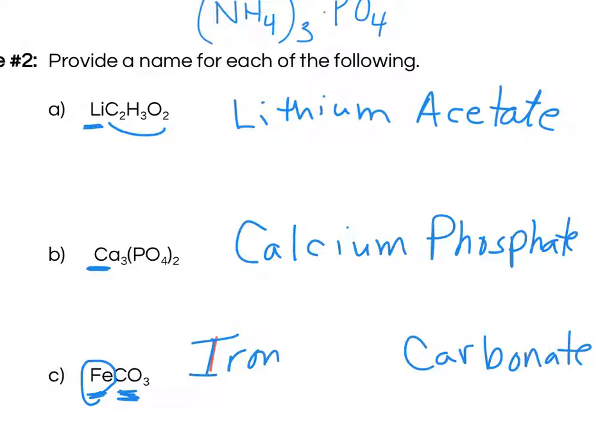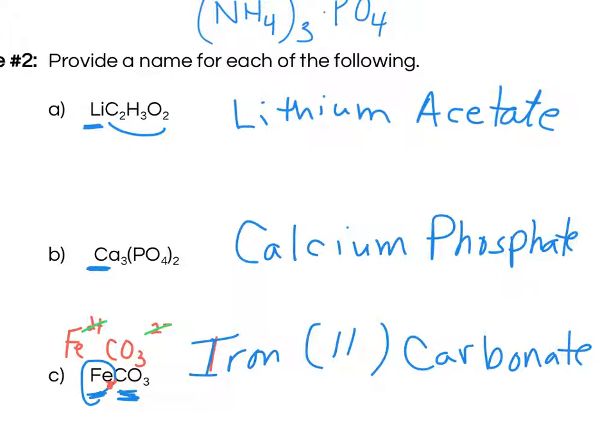I need to remember that it's multivalent, so its charge needs to be included in Roman numerals. And so I need to examine carbonate a little further. So carbonate, as it turns out, has a 2 negative charge. But I don't see that 2 down here beside iron. So that is caused by the fact that iron itself has a 2 positive charge. And so the 2 and the 2 would have canceled out and reduced this to lowest terms. So that's what's telling me that in this case I have iron 2 carbonate.